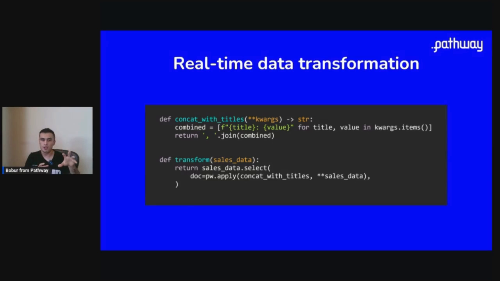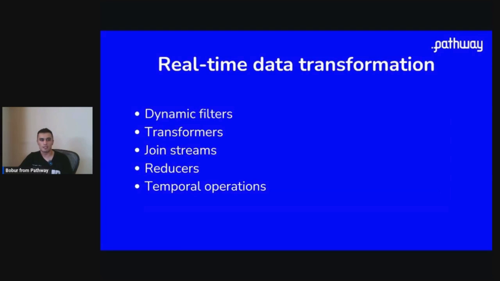For example, a function can do some sort of transformation, like changing between rows or columns, or adding additional columns. And here are some libraries or APIs you can use to dynamically filter your data, or you can use existing transformer classes to customize your transformation logic.